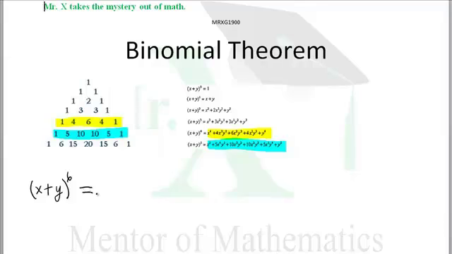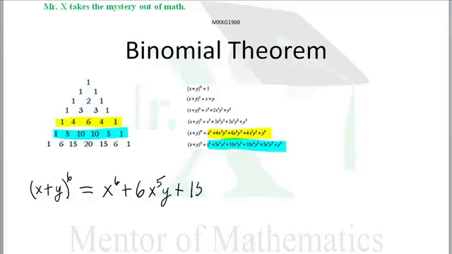X plus y to the 6th equals, well, the first term is x to the 6th. The next term would have a 6th coefficient from Pascal's triangle right here. And we'd have x to 1 less power and y to 1 more power. There's a y to the 0 sitting right here. Let's keep going.